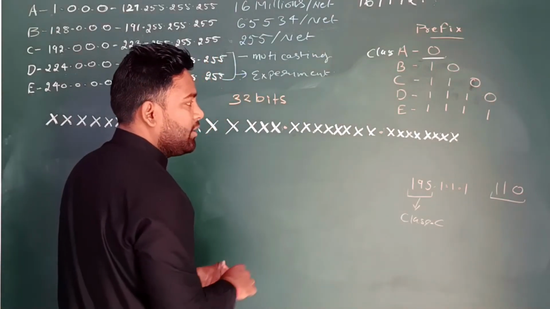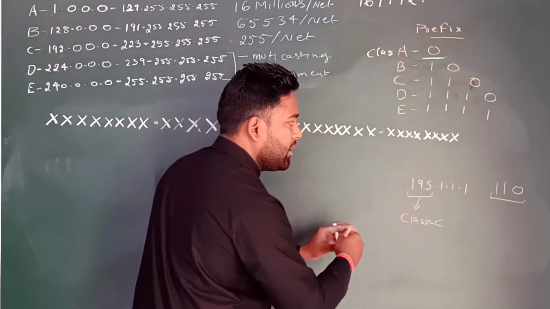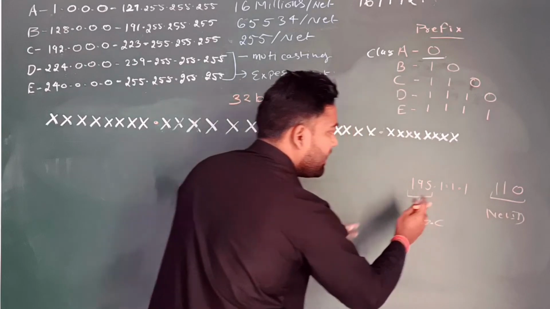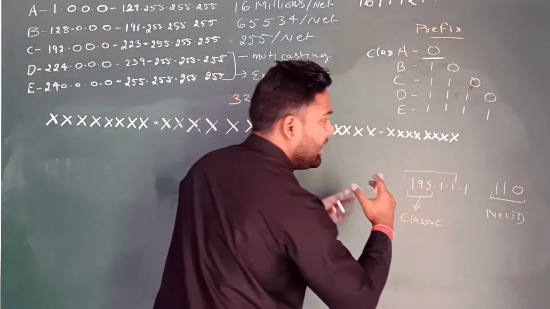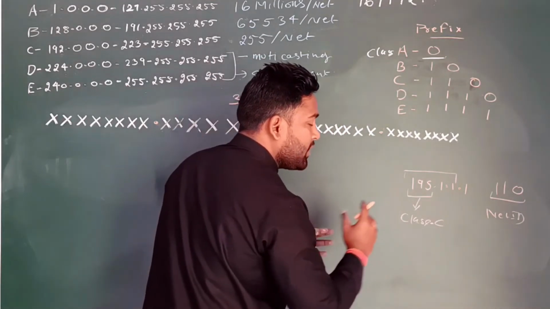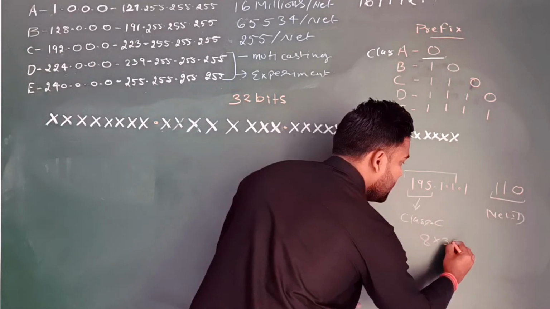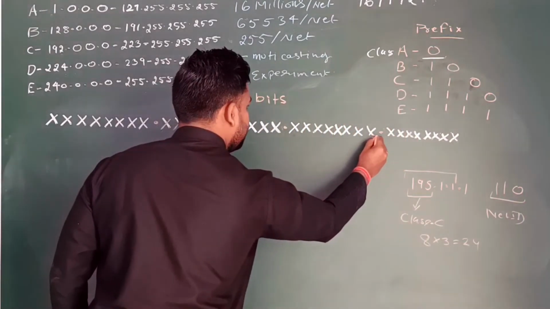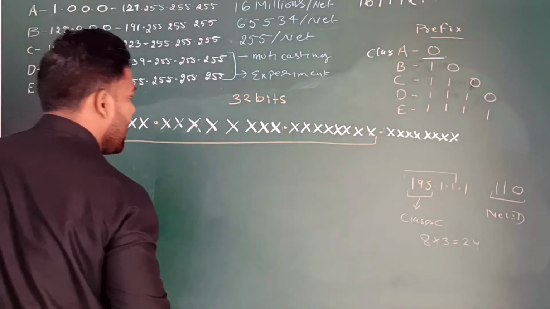It means that 3 parts of the IP address will be taken for the network ID, because the IP address is divided into 4 parts, so 3 parts will be taken for the network ID. 3 parts means 8 multiplied by 3 becomes 24. So 24 bits are reserved for the network ID.